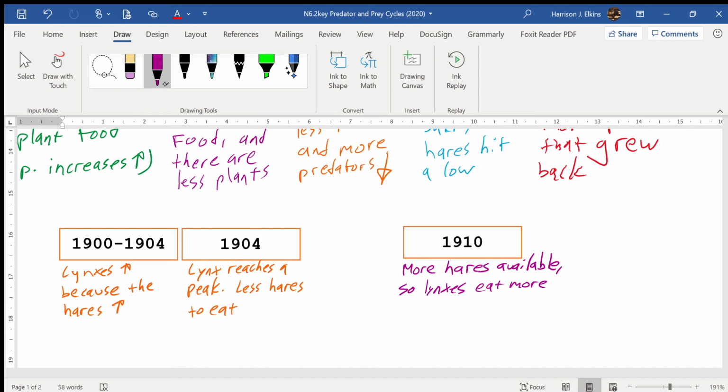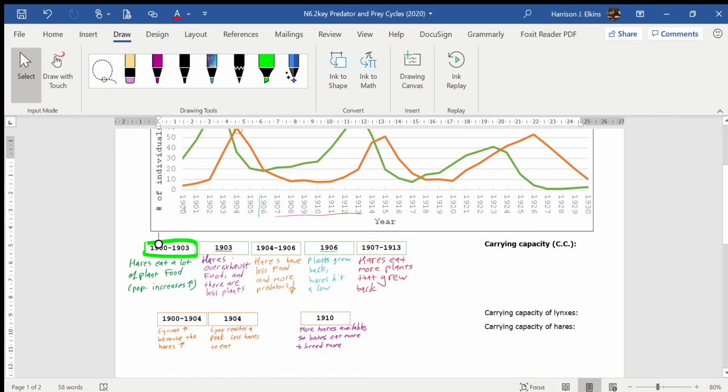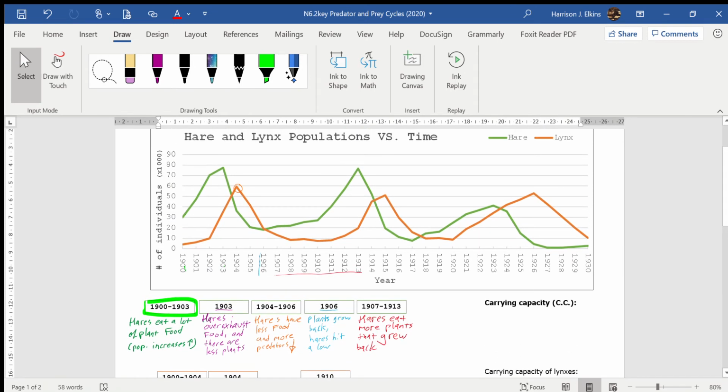So the lynxes eat more and breed more, and that's an important part of this. All right, so that explains why we see this cycle, and this happens with a lot of different predators and preys. We see this in the population where we see the prey kind of preceding this rise and fall for the predator, rise and fall.